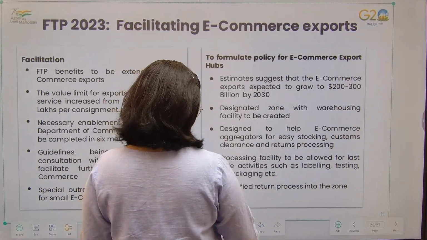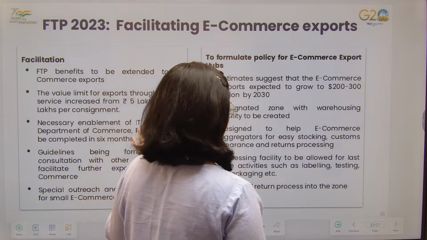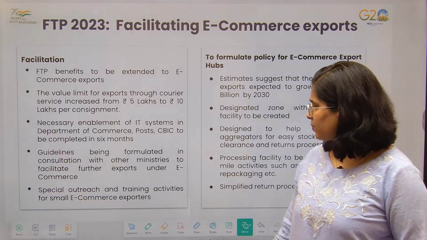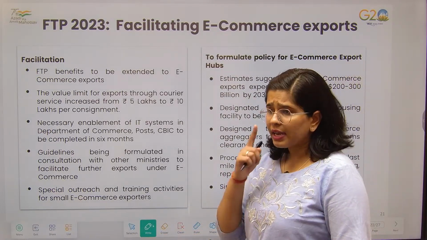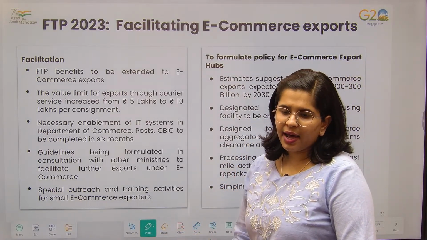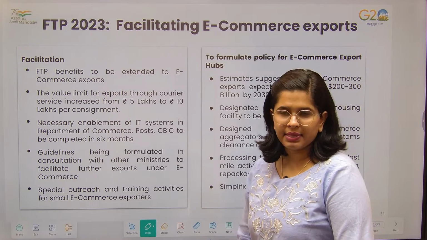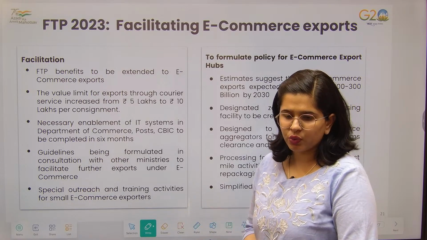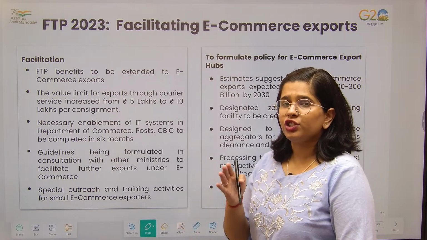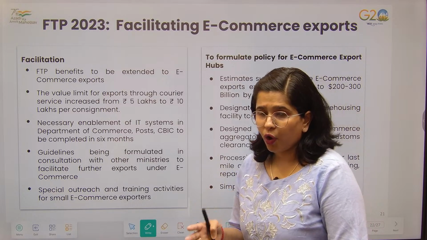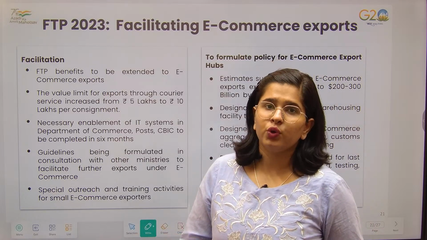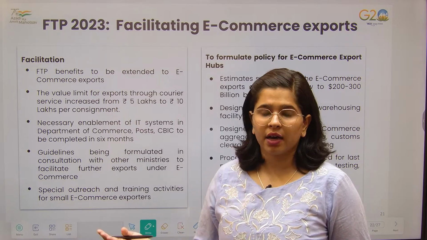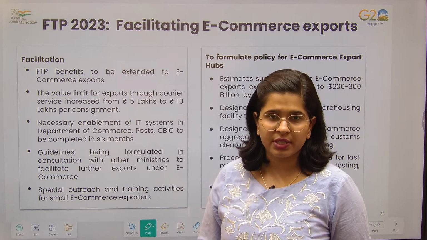Now, e-commerce exports. There is just one important thing here, and let me tell you that. E-commerce exports means, nowadays you must have seen that there are people who are doing online business. Fine, they are giving us the product delivered at our doorstep. Obviously they deliver to us in India, but they are also allowed to ship to foreign countries, right?